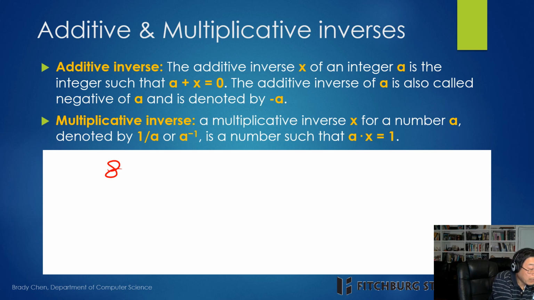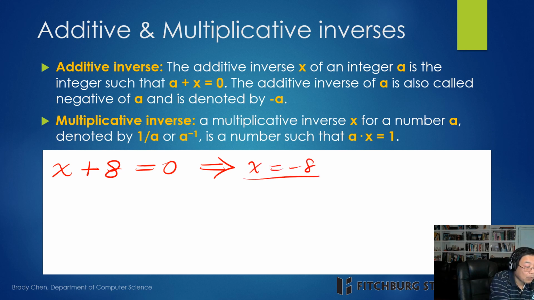The additive inverse of 8 is the number x such that x plus 8 is 0. So x is minus 8, right? Basically, the additive inverse of 8 is minus 8, because 8 plus minus 8 is 0.